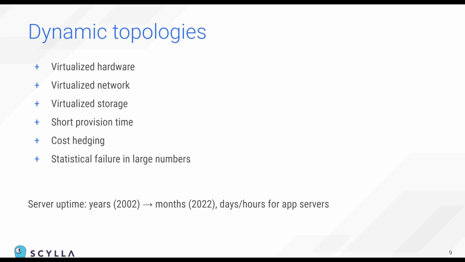Basically, I'm saying I'm not willing to pay more than X for a server, and if the cloud provider, for some reason, has more demand for those types of servers, then they raise the price of those servers and they take them away.